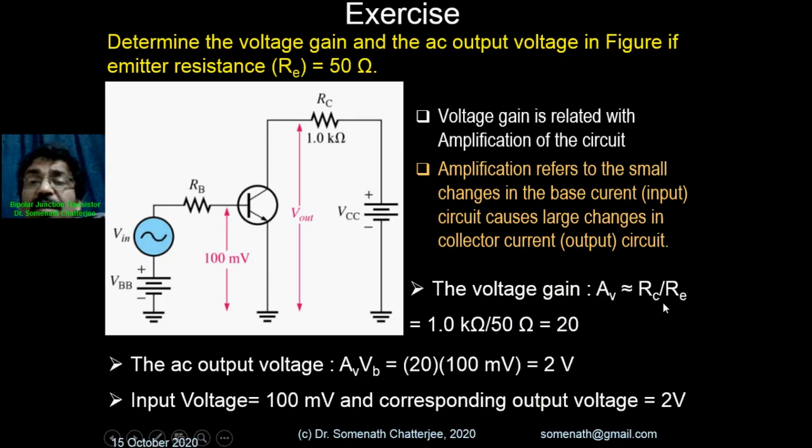So here AV is equal to RC by RE, and that is basically 20. Once we get AV, we can find VB, and from there the AC output voltage, and the input voltage corresponding to the output voltage. I think this is easy to understand. Due to the limitation of time, I am not discussing it too much. You can easily understand the steps here.